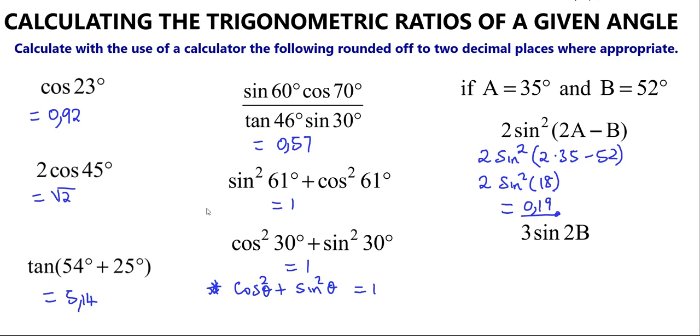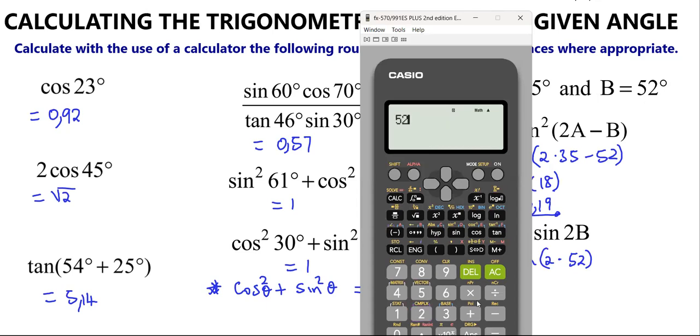So what about if it is 3 sine 2b? 3 sine 2b is going to be equal to 3 sine, 2 times B, where B is 52. So 52 times 2, we get 104.